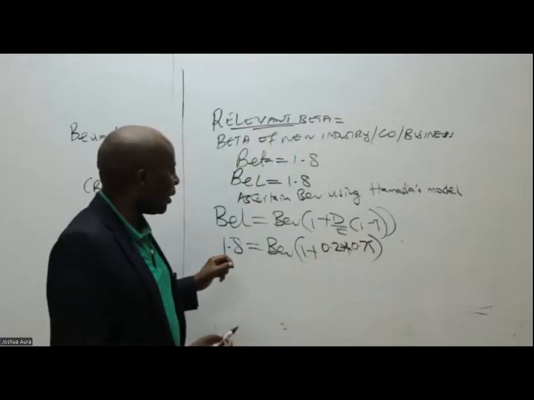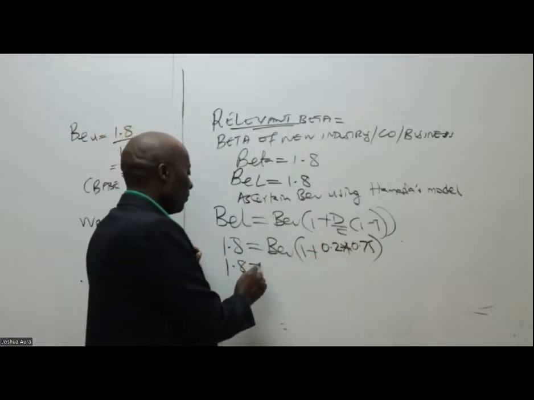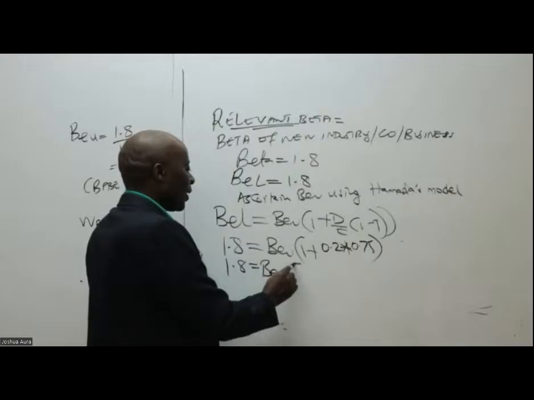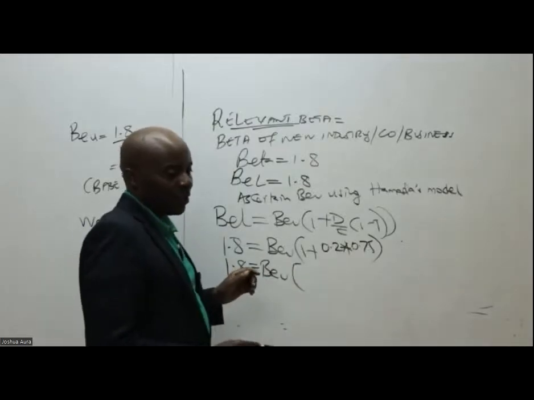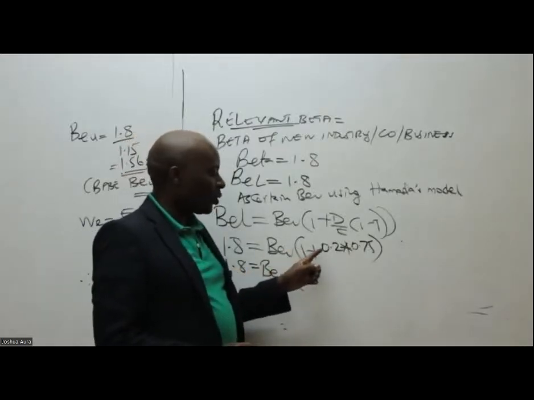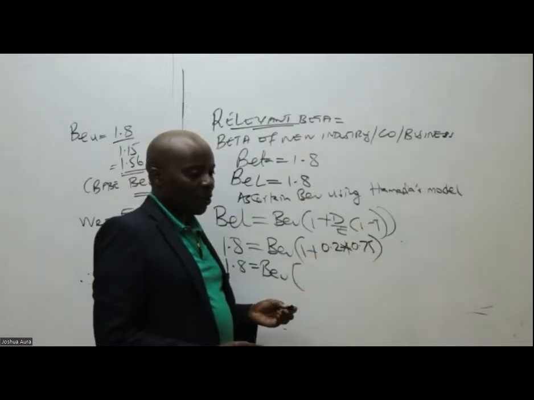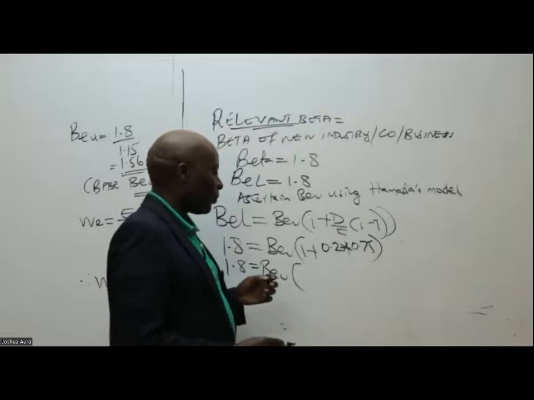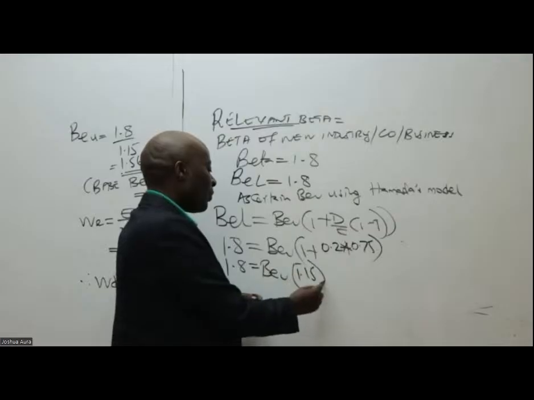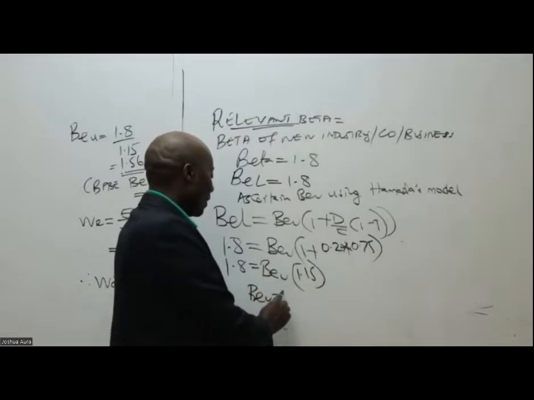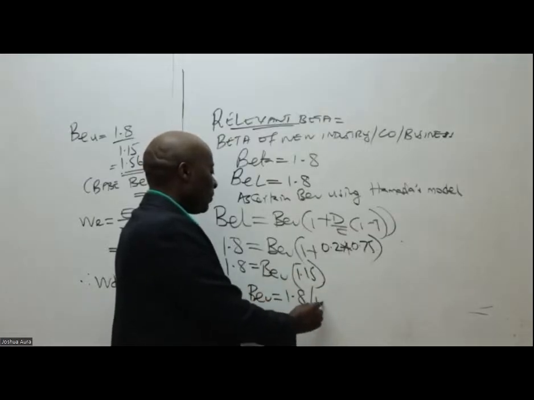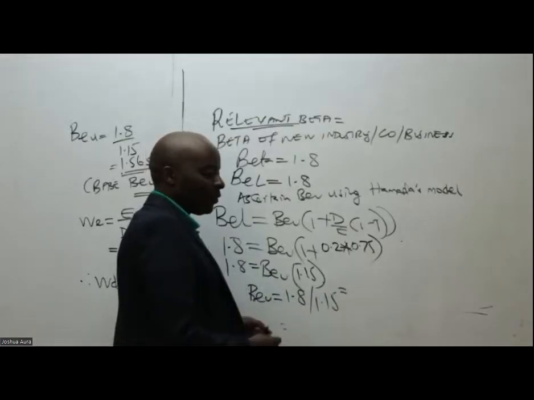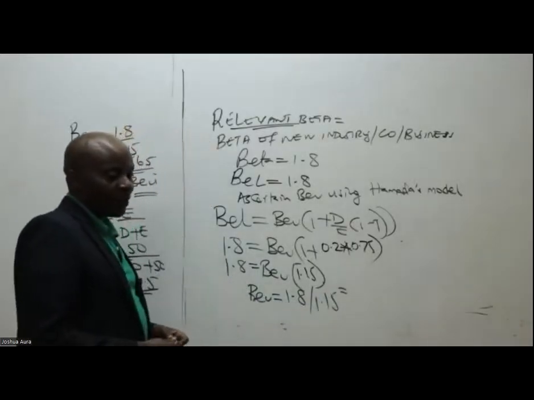So, could you kindly give me what we have in brackets? 1 plus this times that. What do we have in brackets? 1.15. So with this 1.15, if I make BEU the subject, it will be 1.8 divided by 1.15, which gives me the same answer like the one that you had obtained.